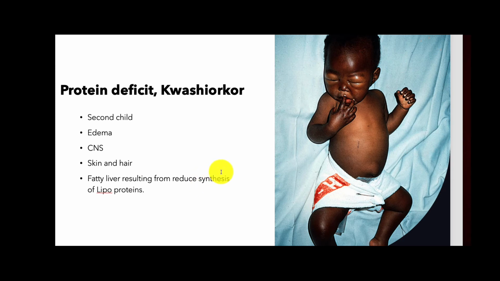So this condition, again, is when children are removed from the breast too soon, and of course milk has high levels of protein in it, and that protein that is necessary for growth at such a young age is replaced with carbohydrates. And to go back to our lesson on hemodynamics, we should understand that the edema is going to occur because the protein circulating in the blood is going to decrease.